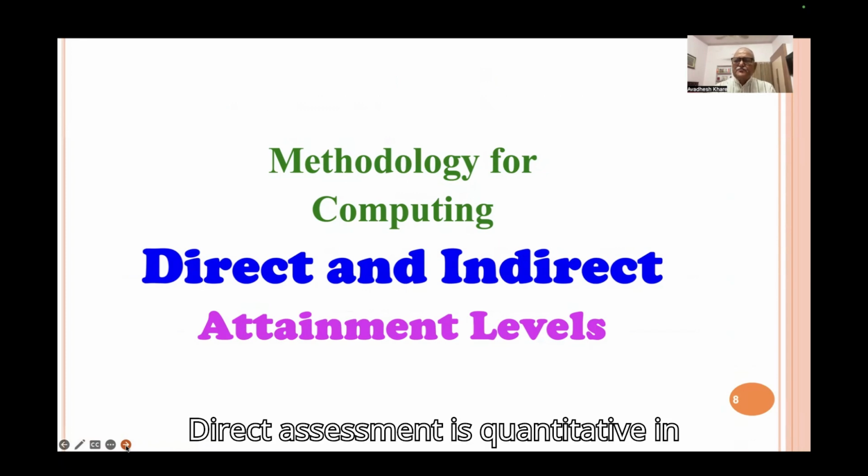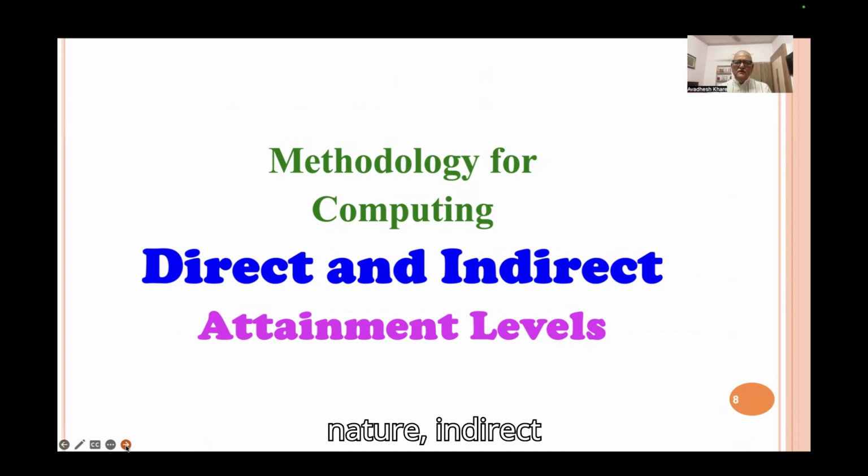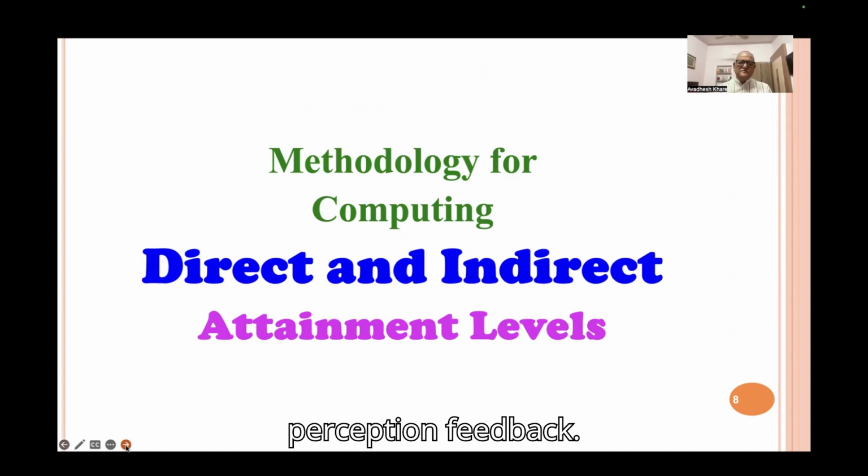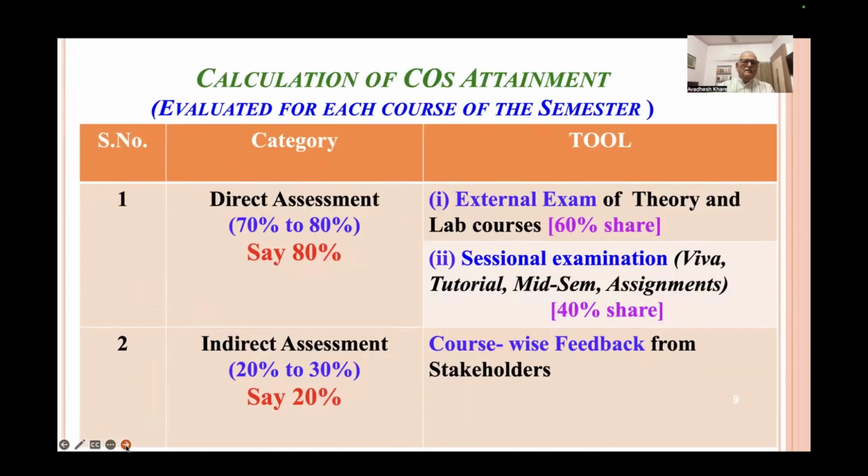Direct assessment is quantitative in nature, indirect assessment is qualitative in nature, and by and large based on perception, feedback. This table shows two rows: direct assessment and indirect assessment.